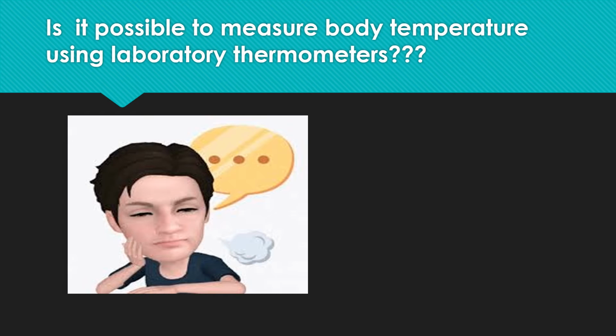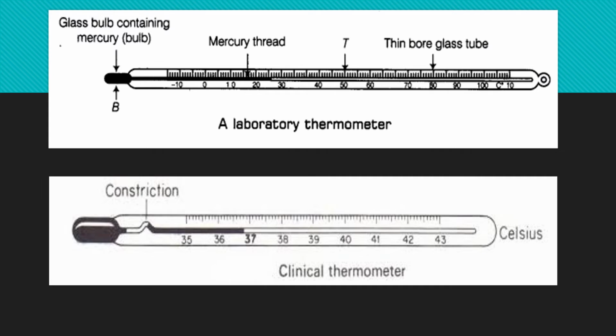But there is a chance that the mercury level will fall. That's why clinical thermometers are designed in such a way that there is a kink right there that prevents the mercury level from falling down. That makes a clinical thermometer different from a laboratory thermometer, except for that particular kink.